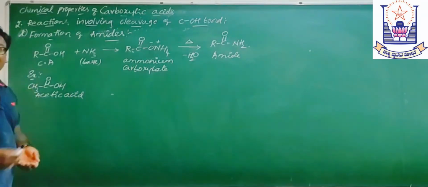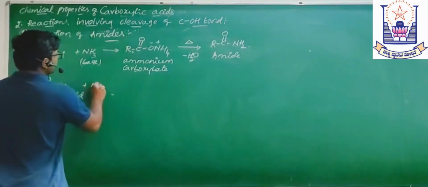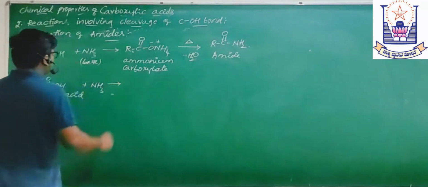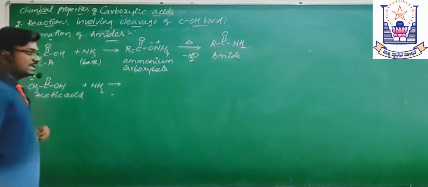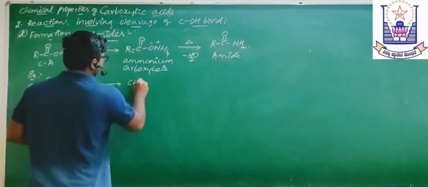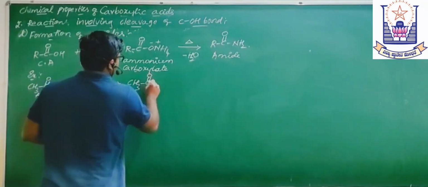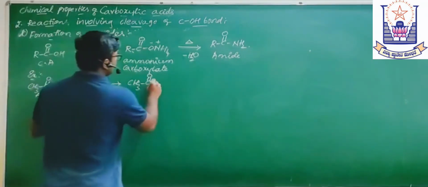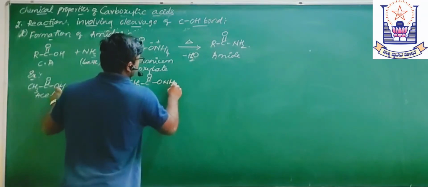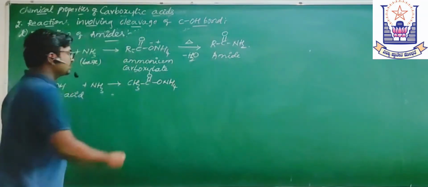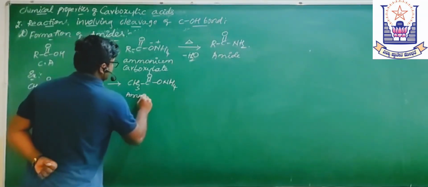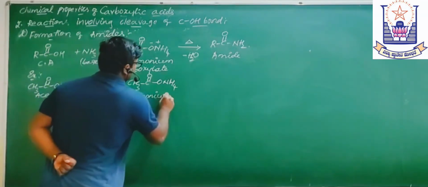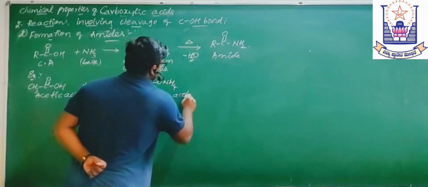When acetic acid is treated with ammonia, you will get ammonium acetate as the product. CH3COO NH4 is called ammonium acetate.